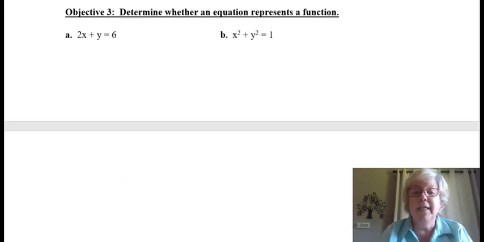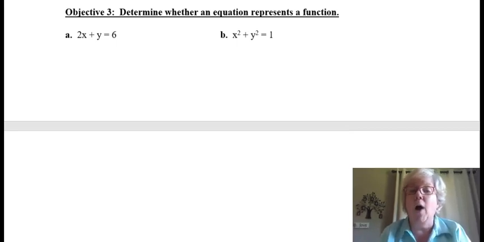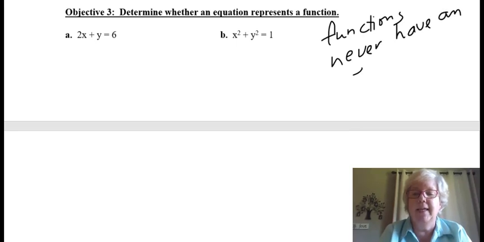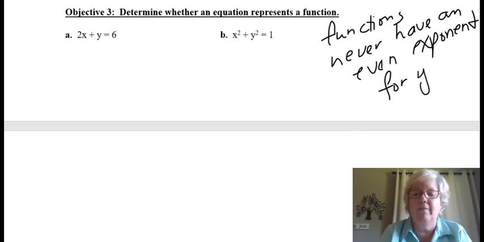When a function is an equation, you will look at the x and y values again. In particular, the y variable should never have an even exponent. Functions never have an even exponent for the y value.